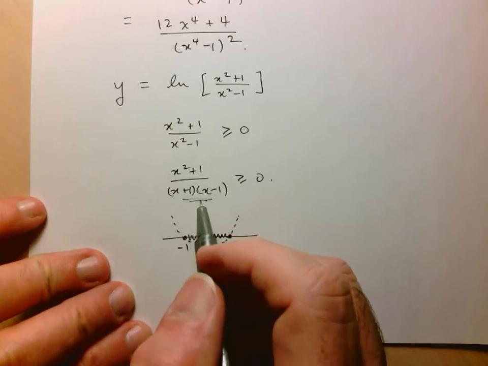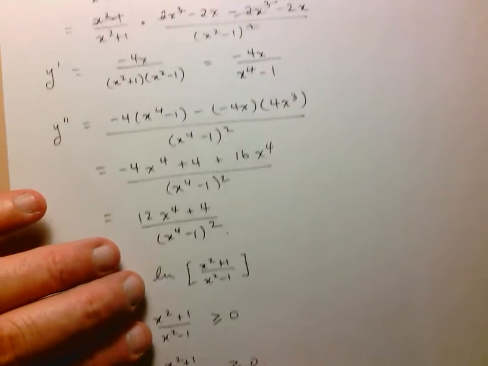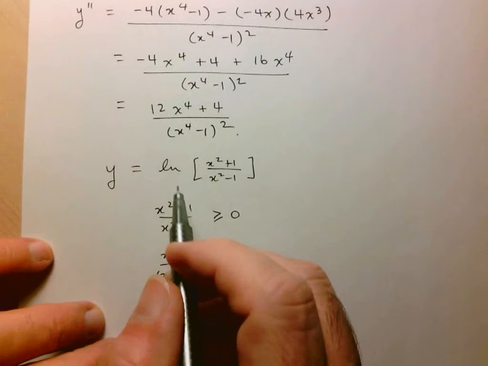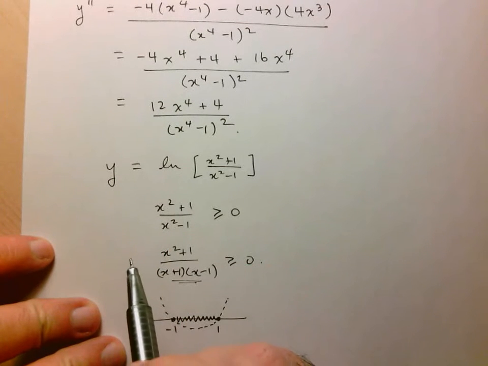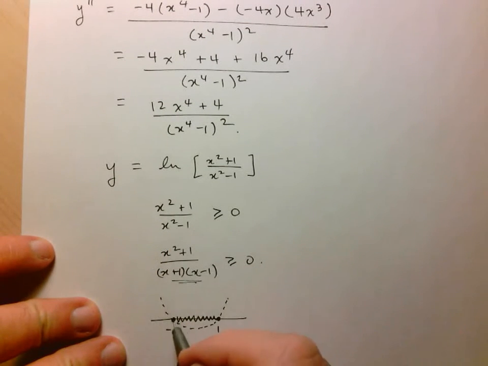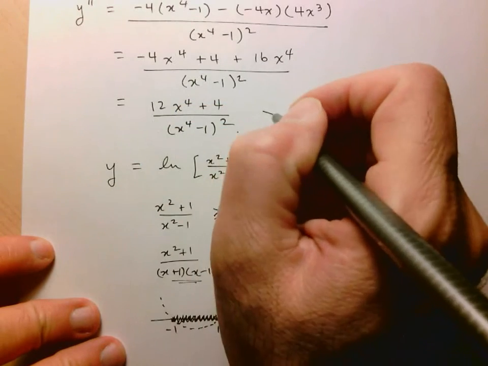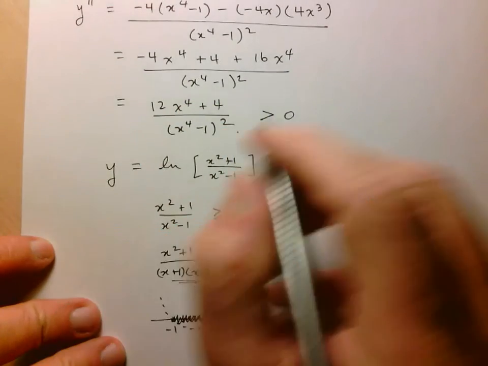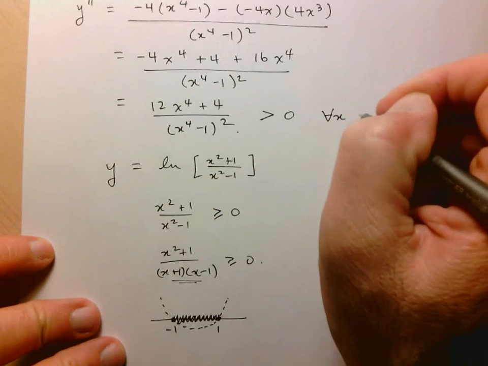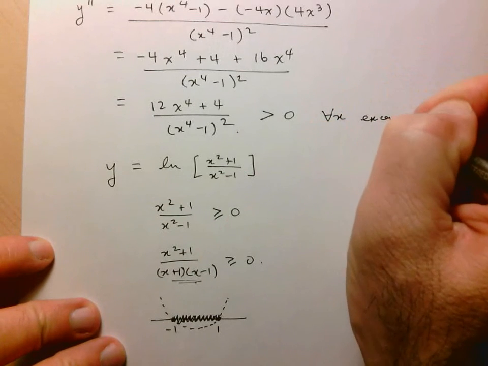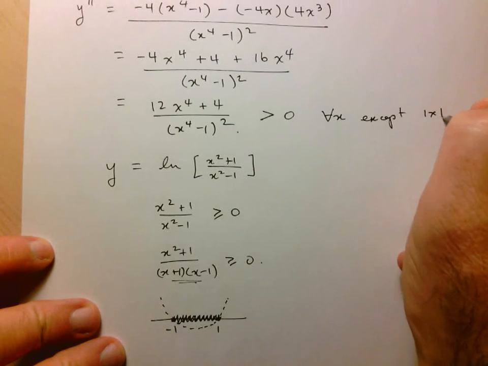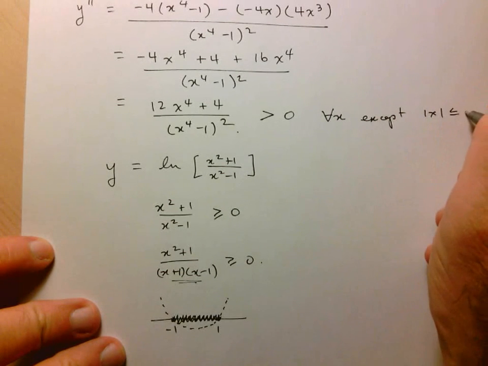That's not acceptable for the input to the natural logarithmic function. So since we're excluding all numbers between negative 1 and 1 inclusive, that's not part of the domain. For every other x value, the second derivative is going to be greater than 0. So this is positive for all x except x between negative 1 and 1.